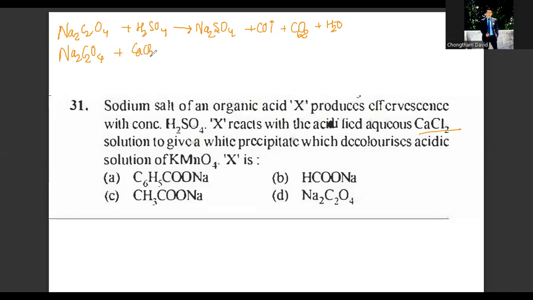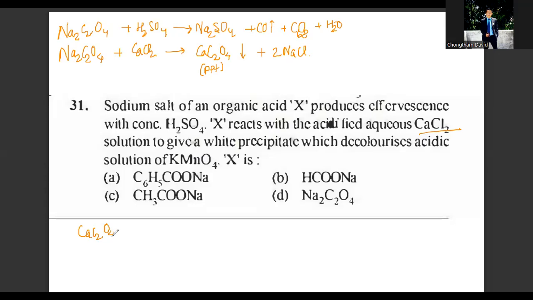With calcium chloride, it will form calcium oxalate. Remember, this calcium oxalate is not soluble. It is a white PPT, precipitate. You know the saying, if you are part of the solution, you're not part of the precipitate, and vice versa. They cannot exist together.